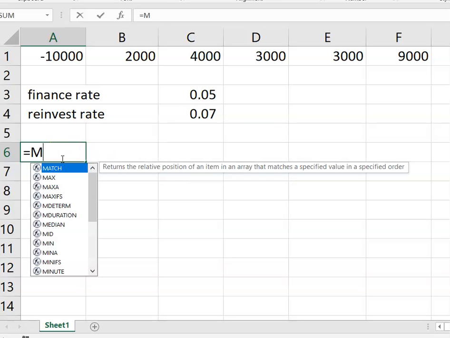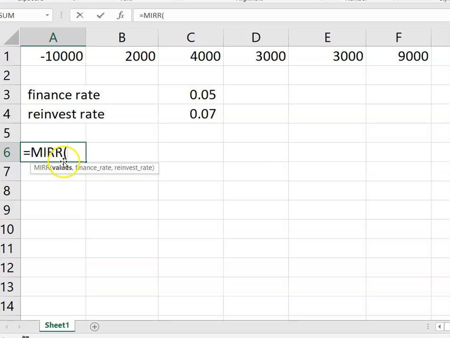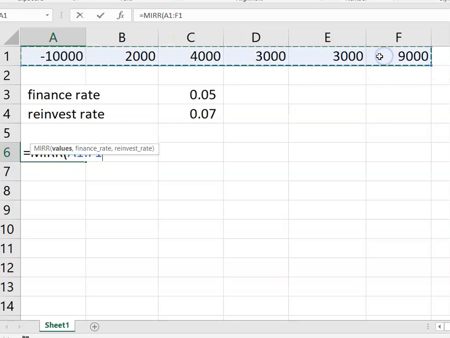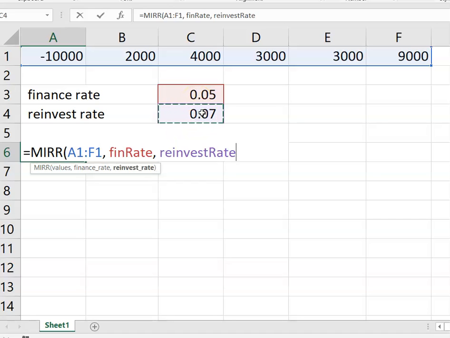So fortunately, there is a formula for that. Notice we just put the values in. Do the range again. I need a finance rate. I again name the cells so it's easy to see. And I have the investment rate.